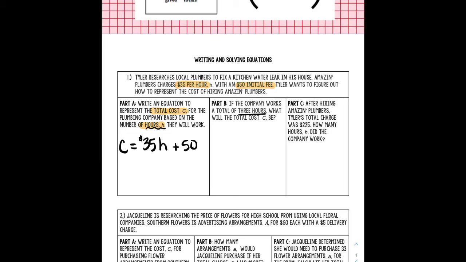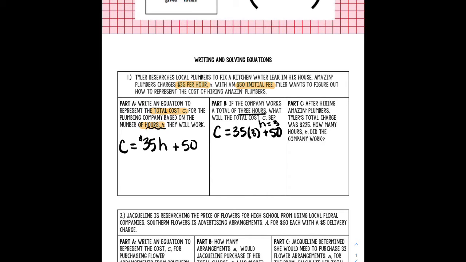Okay, so part B. If the company works a total of 3 hours, what will the total cost be? So I want to know what C is when H equals 3. So instead of writing H, I'm going to go ahead and say 3. So I have 35 times 3. And on your Chromebooks, you do have a TI calculator.